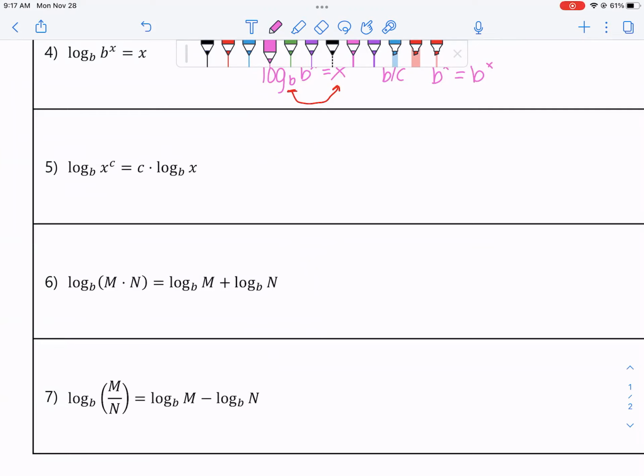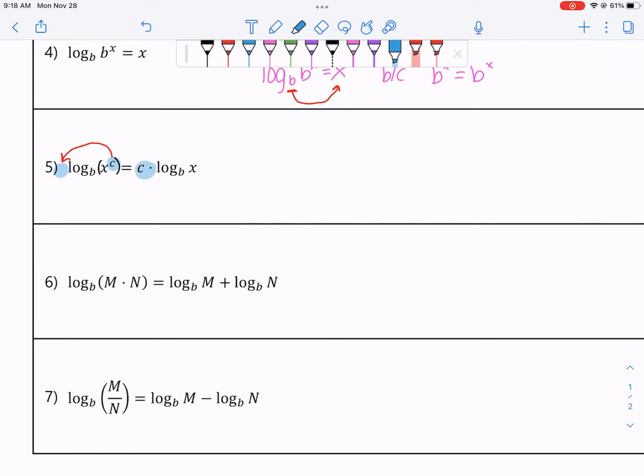So that's what happens. When you have a logarithm, base whatever, and there's an exponent on whatever's inside the logarithm, this whole thing is inside the logarithm. We can take that exponent and bring it down out front. That's what's happening. This exponent, c, gets brought down out front and multiplied in front of the logarithm.